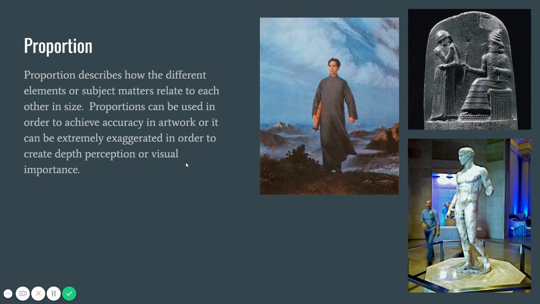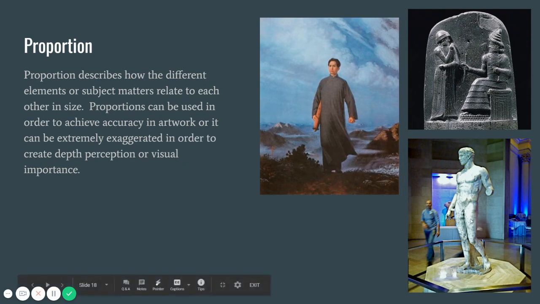Proportion. Proportion is also kind of obvious. It describes how the elements or the subject matters relate to each other in size. But what's important to understand is the artist's intention for when they use proportion, because proportion can be used in order to achieve accuracy.